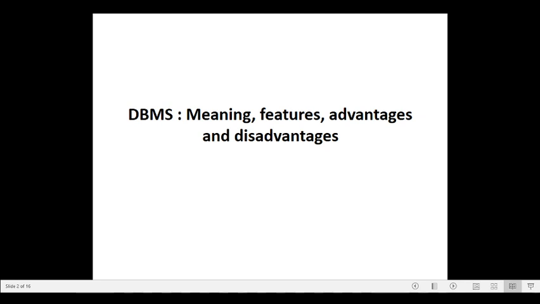In this session, we are going to understand DBMS, Database Management System, the meaning of DBMS, features, advantages and disadvantages of database management system.